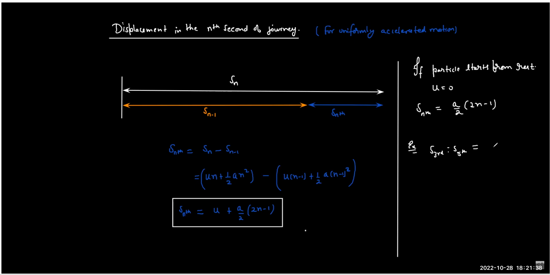If u is 0, then S third upon S fifth will be how much? 2 into 3 minus 1 upon 2 into 5 minus 1, right? So the displacement in the third second since the beginning and the displacement in the fifth second, the ratio comes out to be 5:9.